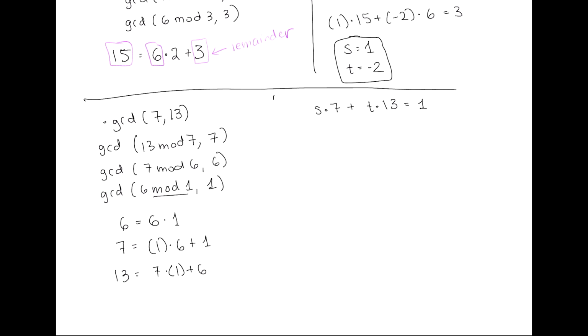We need to combine these equations together, and as we do that, we're going to back substitute, where this 6 can be back substituted into this 6, so it's 13 minus 7. And what will eventually happen if you follow that along, you are going to get 2 times 7 plus -1 times 13. And that is, in fact, equal to 1.